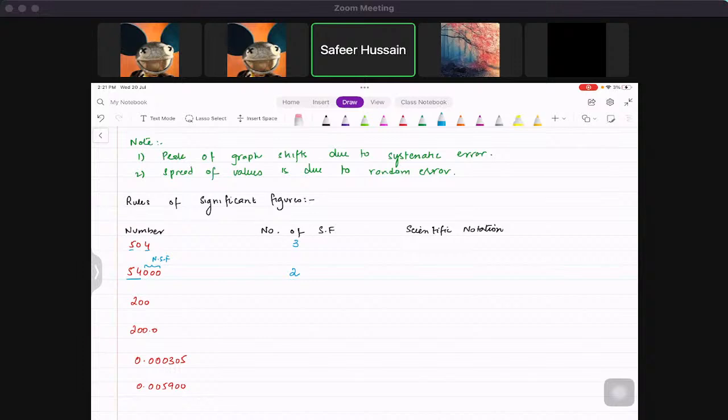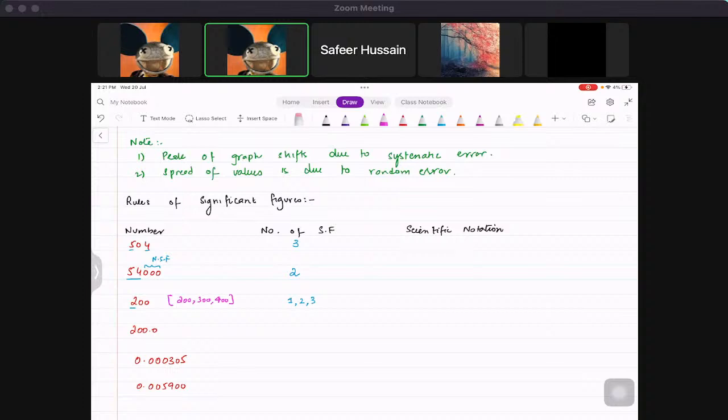Yes, sir. Now 200 is a tricky one. Although it has 2 in the first place, it could have 1 significant figure, it could be 2 significant figures, or it could be 3. Why do I say this? Because if it's a set of 200, then 300, then 400, then there is only 1 significant figure because it's a change of 100 every time.